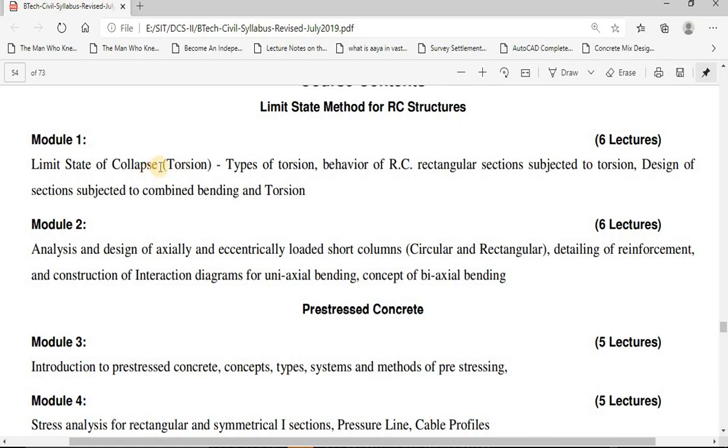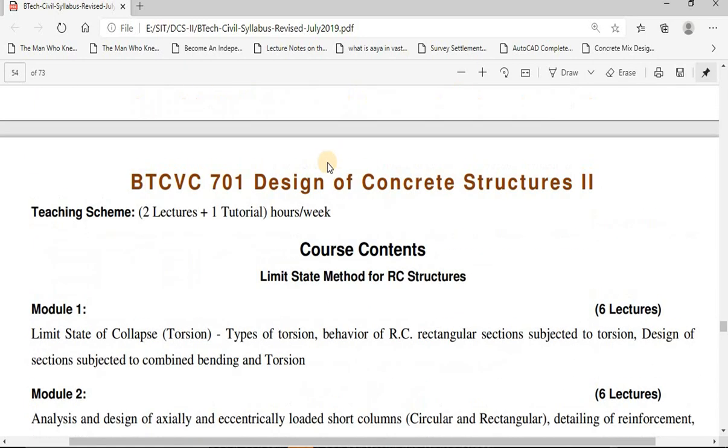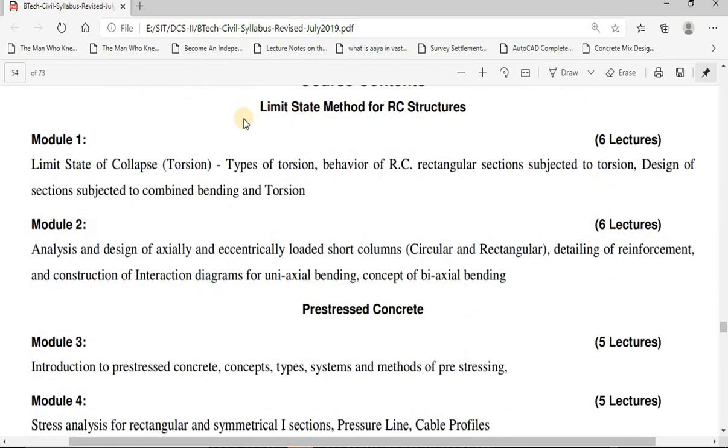Generally you can see in design of concrete structure 1 we have studied to design a beam with shear and bending, but sometimes a beam or a horizontal member will also be subjected to torsion.